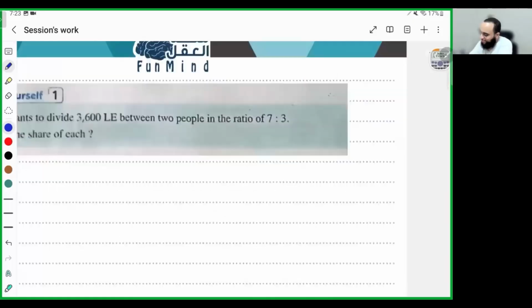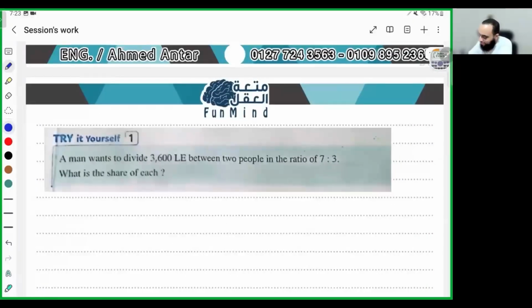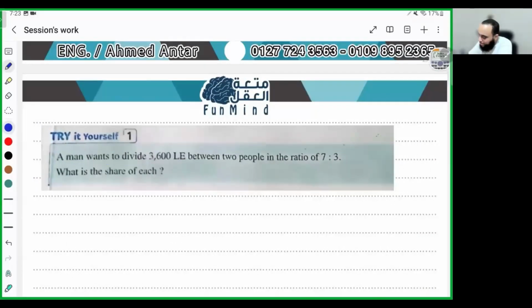Read the question, Farida. A man wants to divide this amount of money. Could you tell me, this amount is for the two persons together? We have two people. The first has 7 parts, and the second has 3 parts.